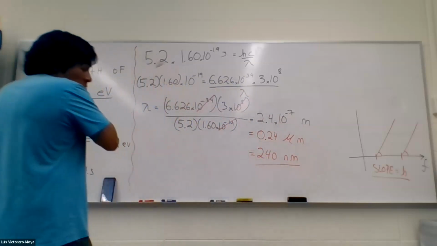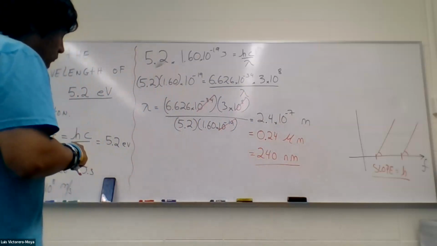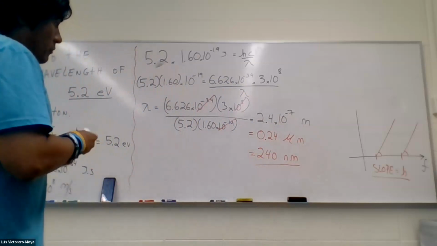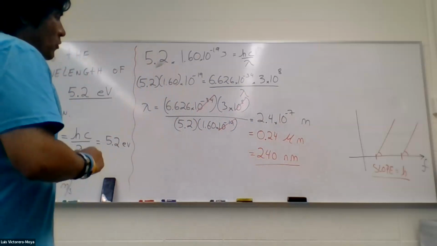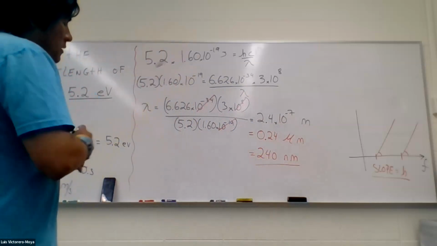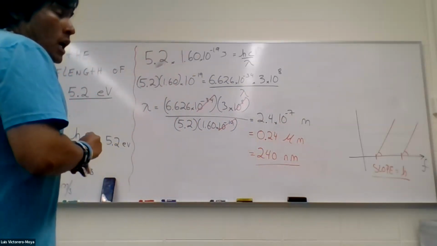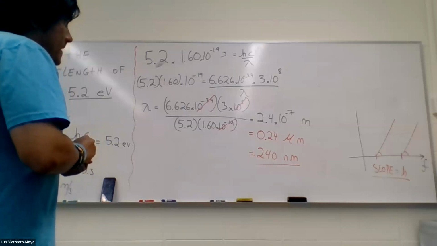Ultraviolet light. Visible light goes from 400 to 700. So there you go. Any questions?